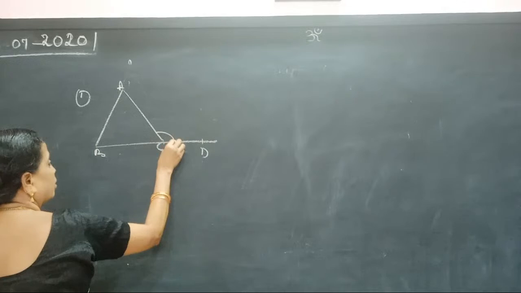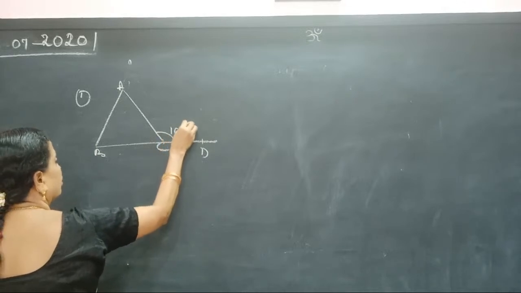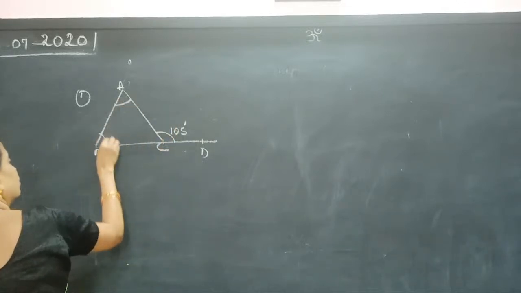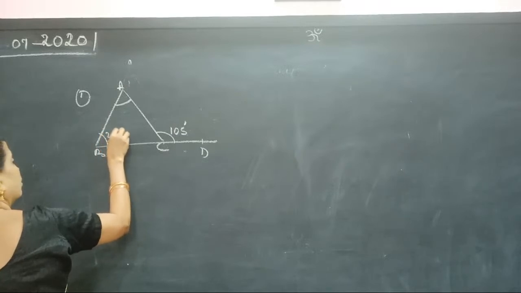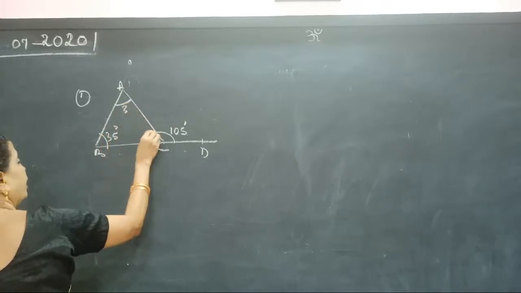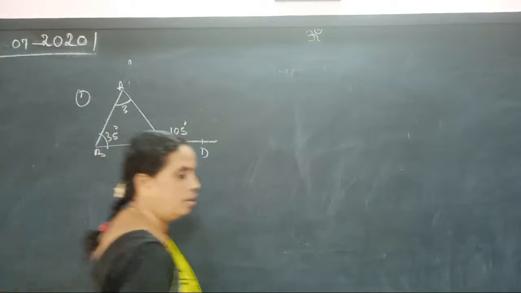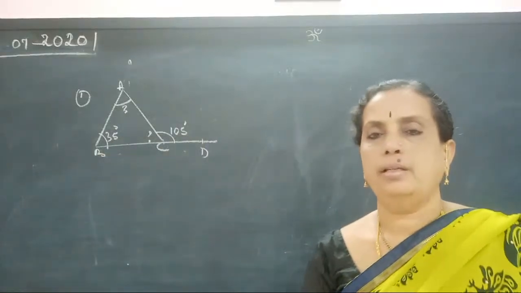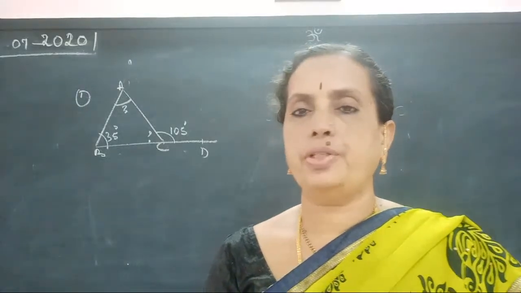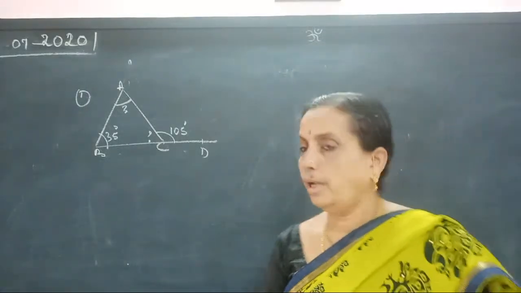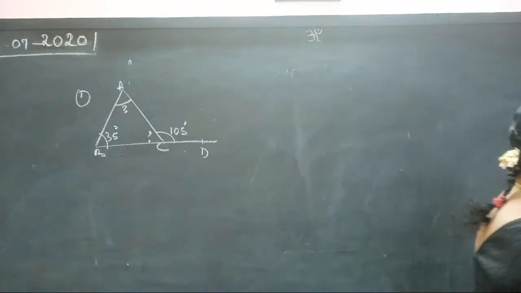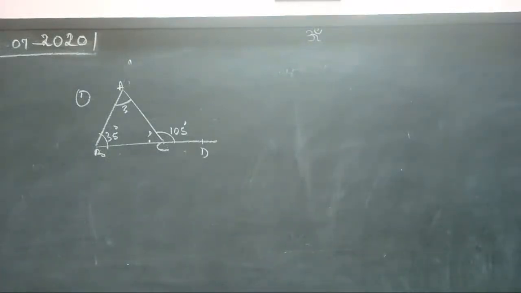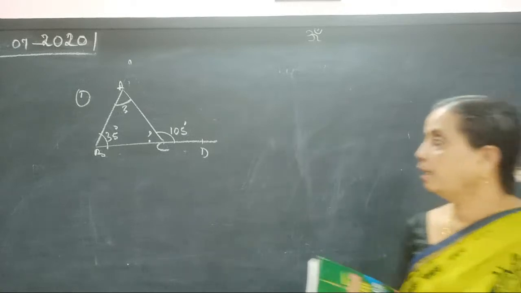Get the figure. Find A and C. Using the figure, find angle A and angle C. First get the figure and then calculate the measure of angle A as well as angle C.